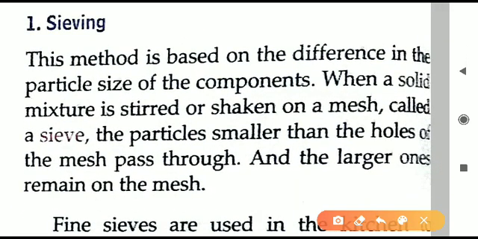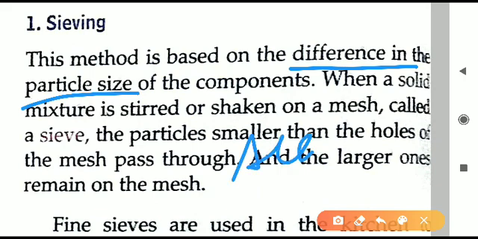This is a very simple method, and we can separate substances on the principle of difference in particle size. The smaller particles and the larger particles can be easily separated by sieving. What is actually used here? We are using a sieve.